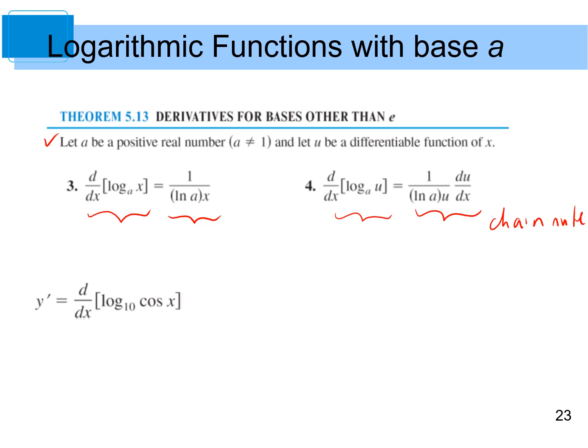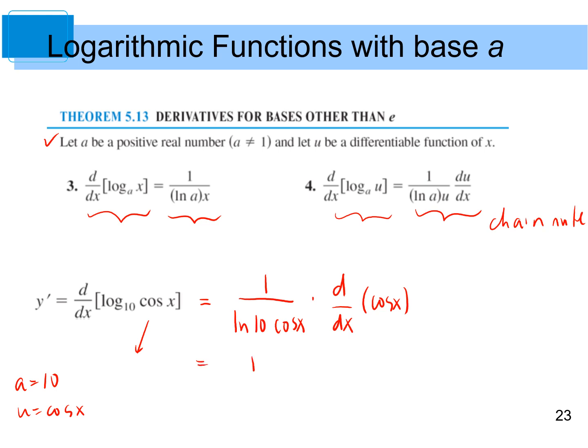So let's say we want to find the derivative of the logarithm of cosine x base 10. Using the formula, here our base a is 10, while our u is cosine of x. Using the fourth formula, we have 1 over ln of 10, and then u is cosine of x, and then we multiply it with the derivative of u, which is negative sine x.